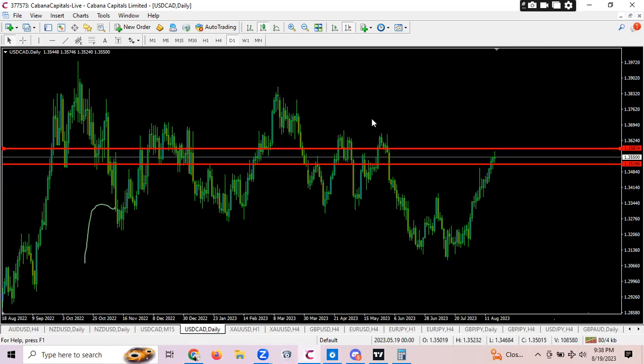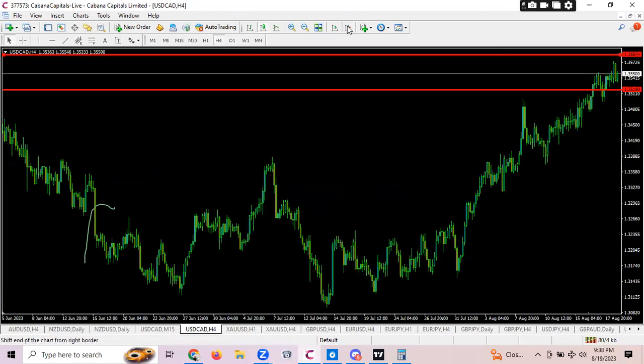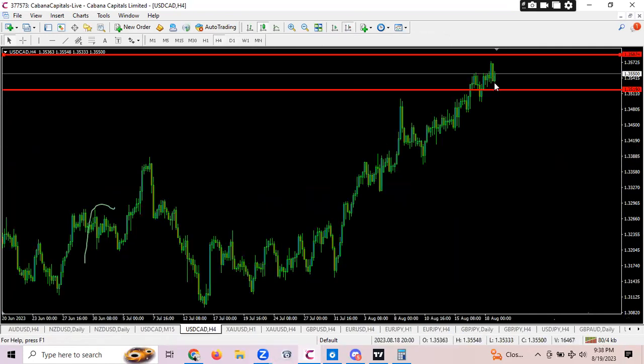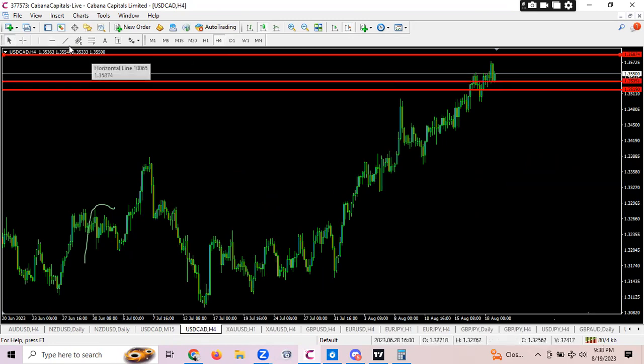Now on 4 hour, what we want to identify is the resistance and support for Friday's market. So on 4 hour, Friday, this is our support. And this is our resistance.